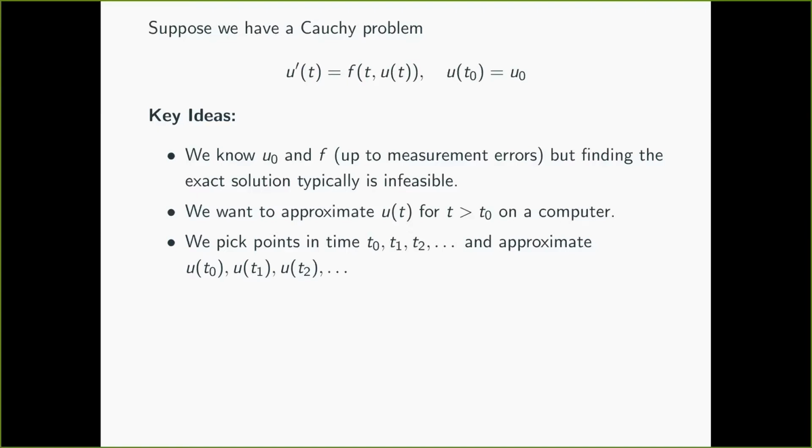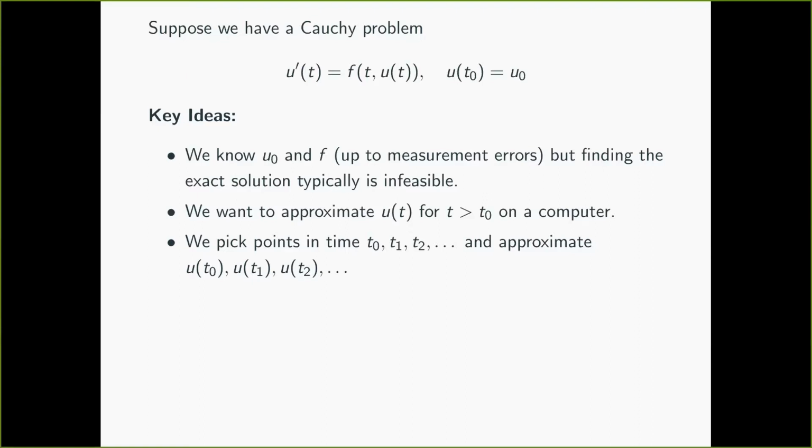And even maybe the data of the problem are subject to measurement errors. So we can only find a solution perhaps approximately, which means that we want to approximate the value u of t for some time t after t naught by a computational method.